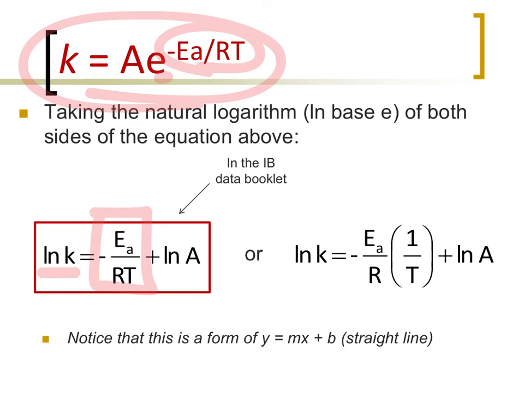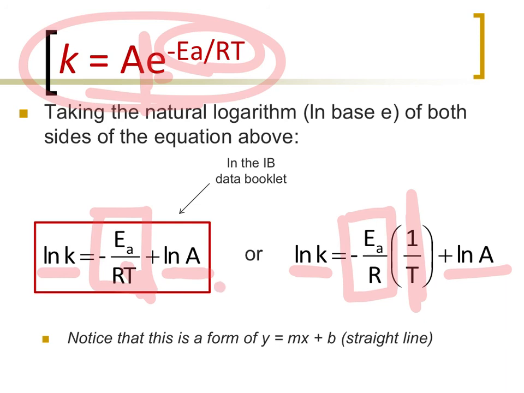Then when you do the natural log, this becomes addition, so we're adding the natural log of the A. Another way you could write that is to separate it, and this is getting towards something we need to graph. We still have the ln of K on the left, and we have this negative EA over R, but we pulled out the T as something separate, keeping it in the bottom, and then we still have the plus ln of A.